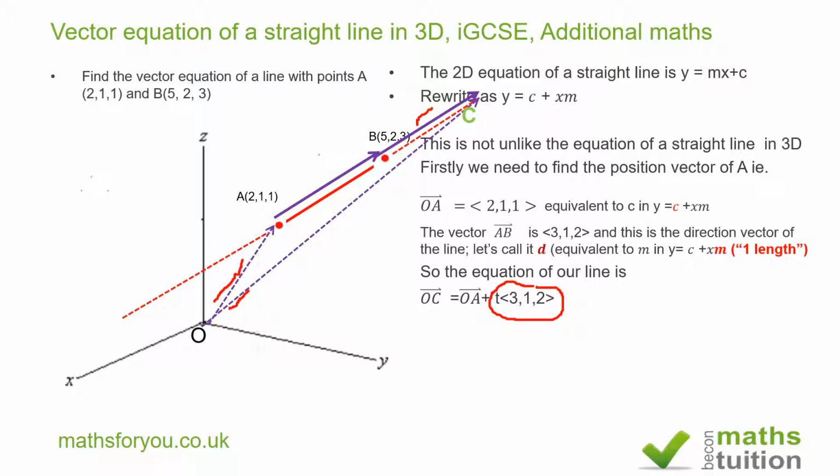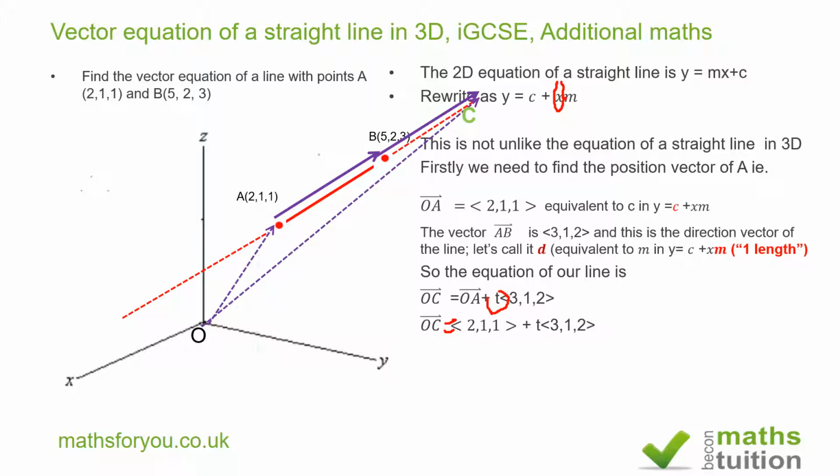Now this t we've got here is equivalent to the x in the equation of a line in 2D. Okay, so OC is equal to vector OA plus a multiple of the direction vector.